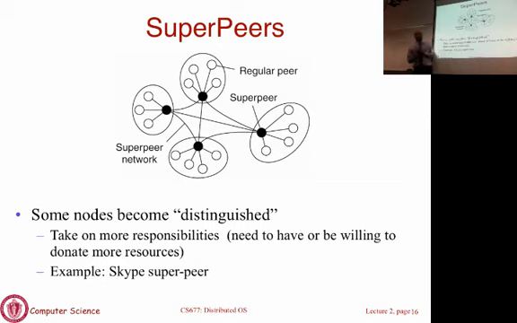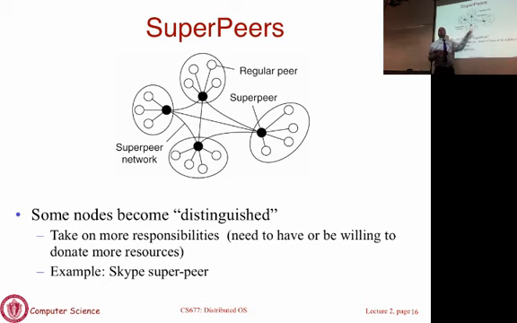Okay? So a new way to organize it, or not new, rather a different way to organize it is you take your P2P network and you cluster them into smaller groups, and each group elects a leader, okay, called a super peer. Okay? And then what other peers in their group do is rather than them having their tables of content, they just deliver their content and their IDs to the super peer.